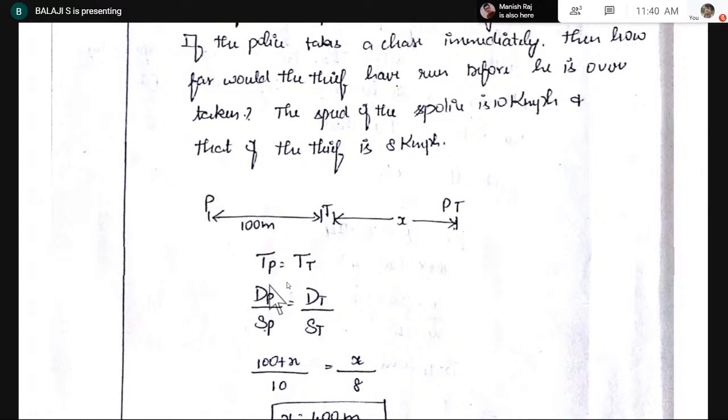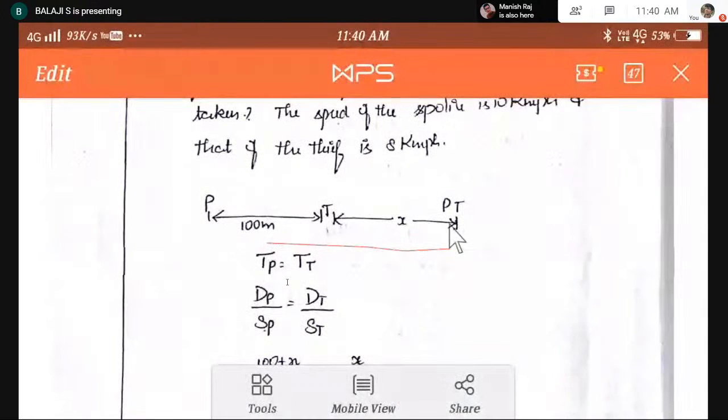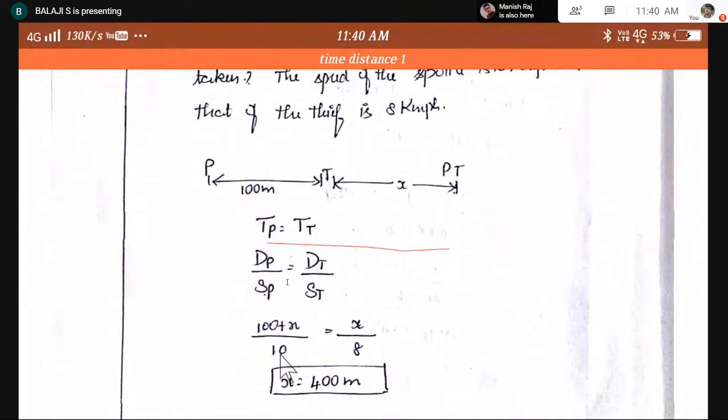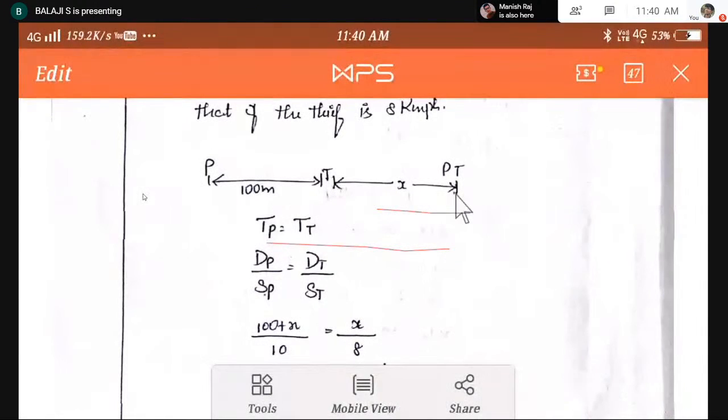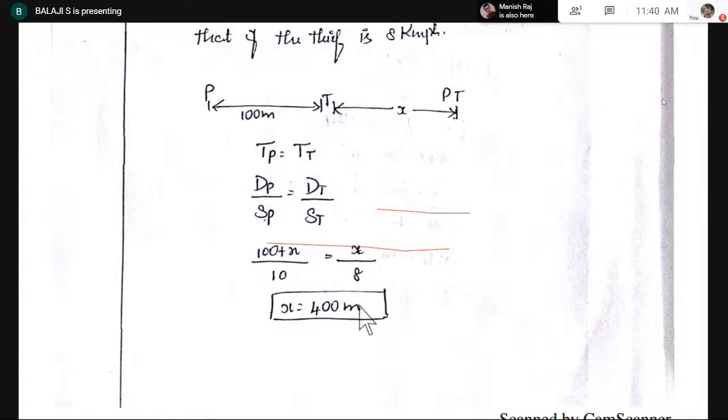What is the distance traveled by the policeman to cover from here to here to catch the thief? That is 100 plus x. What is his speed? 10. What is the distance traveled by the thief to this point? That is x. That is x by the speed of the thief, 8. So if you solve this, you will get 400.